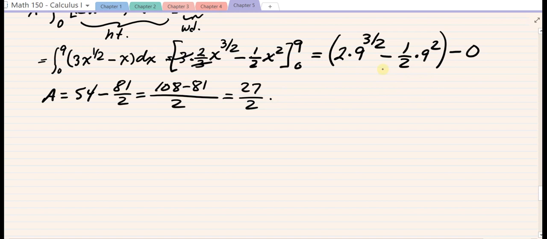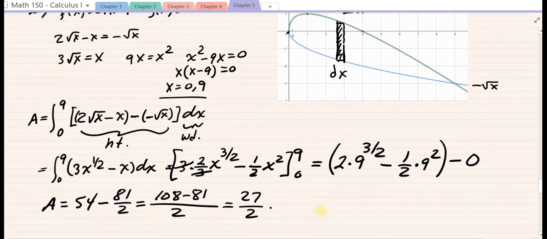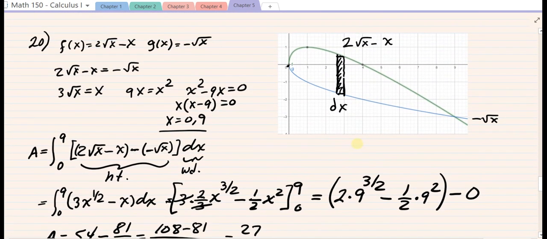Again, simple and really easy if you do dx. If you try to go horizontal rectangles on this one, good luck. Because when you write x as a function of y, that's going to be impossible for you to do because of the way this looks.